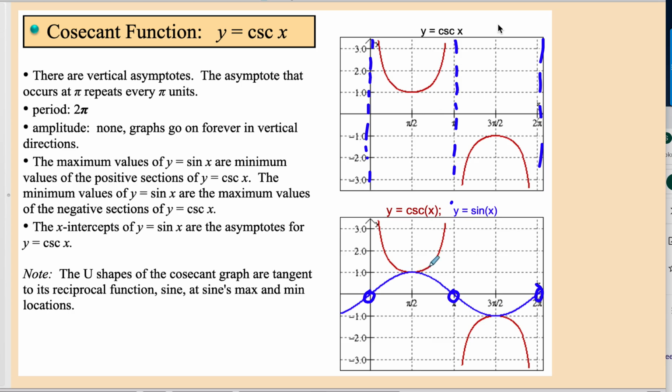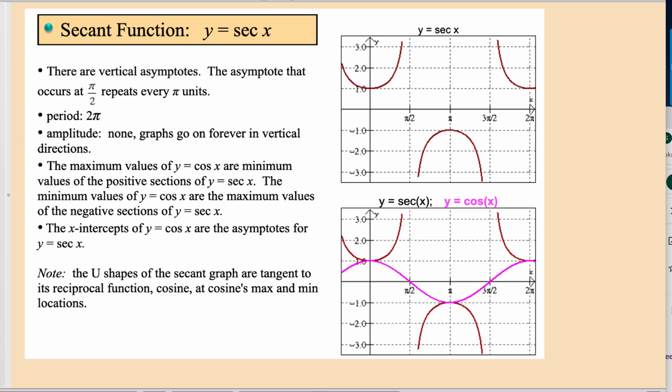As these y-coordinates become reciprocals, the smaller the value, the larger the reciprocal is. So that's why we have these scoop looks right here. Same thing happens for secant when it's the reciprocal of cosine.